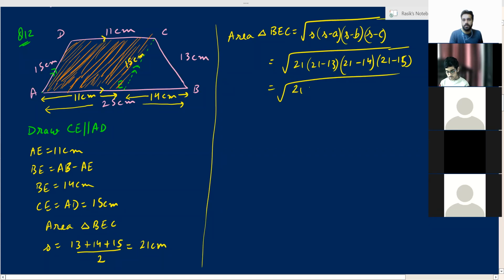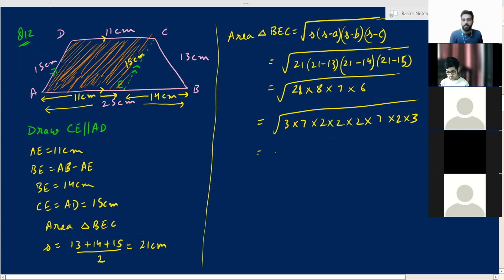Square root of 21 into 8 into 7 into 6. 21 minus 13 is 8, 21 minus 14 is 7 and 21 minus 15 is 6. So do the prime factors of all these numbers: 3 into 7, factors of 21; factors of 8, 2 into 2 into 2; 7; and 2 into 3.